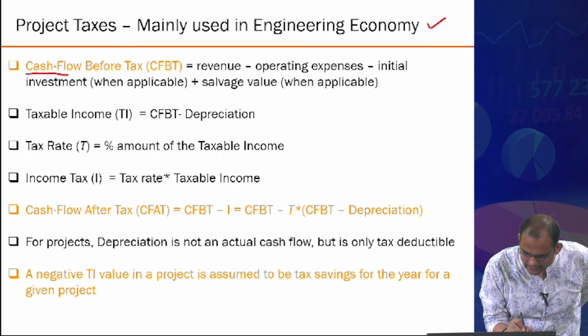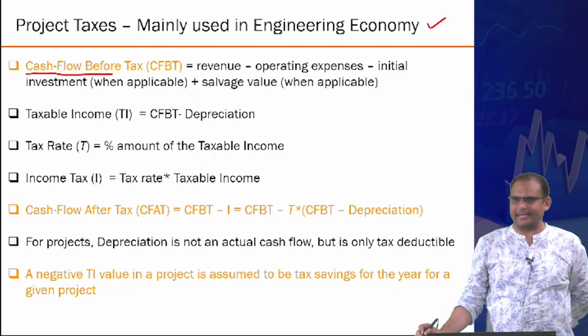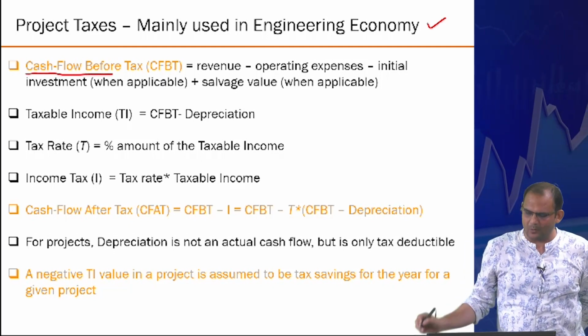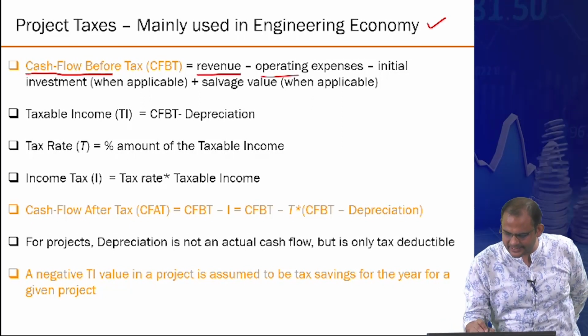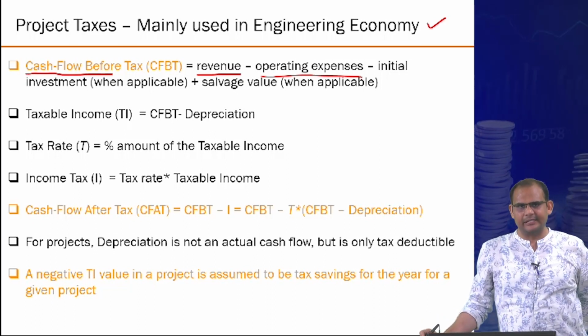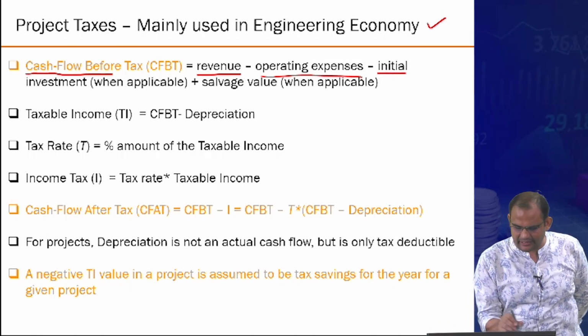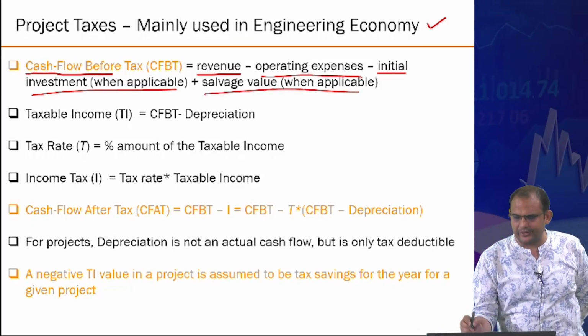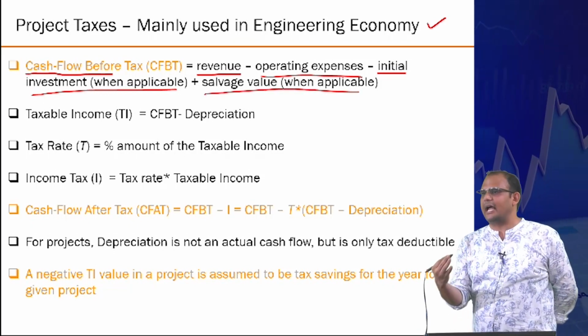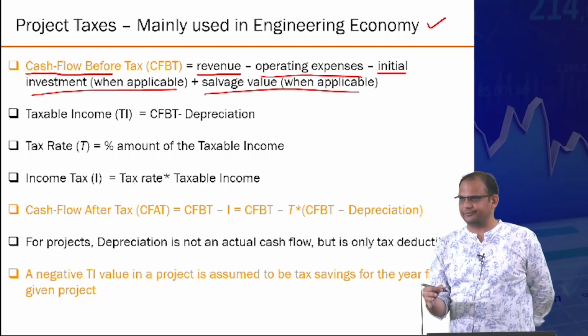There's a concept called cash flow before tax. Revenue goes on the positive side, the operating expenses go on the negative side. If you are making any initial investment, that goes on the negative side, and the salvage value whenever you are getting it. This becomes the net cash flow before taxation.